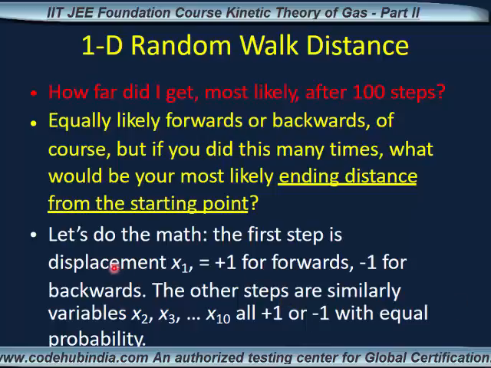So if we take variables x1, x2, x3 up to x10, then x1 is plus 1, then x2 is minus 1. And similarly you will get plus 1, minus 1, plus 1, minus 1, with equal probability.